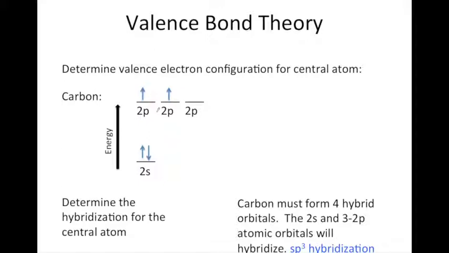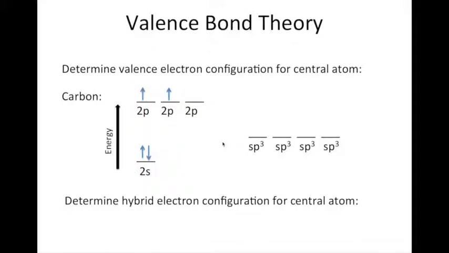We had a steric number of 4, so we required 4 hybrid orbitals. What that means is that we're going to require 4 atomic orbitals to make those 4 hybrid orbitals. So we're going to take the 2s and all 3 of our 2p orbitals and combine those to form 4 what we call sp3 hybrid orbitals. So those 4 atomic orbitals now combine to form our hybrid orbitals.